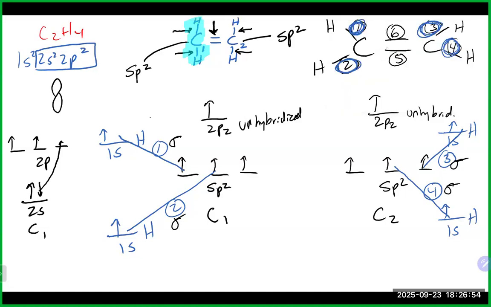So bond number 5 is going to be a bond between these 2 sp2 hybrid orbitals. This is also going to be a sigma bond. Basically, every first line that you draw, whether it's a single bond, a double bond, or a triple bond, that first line is a sigma bond.